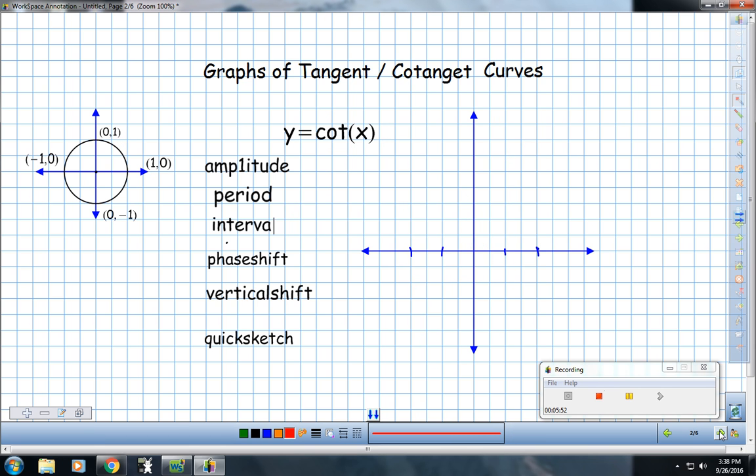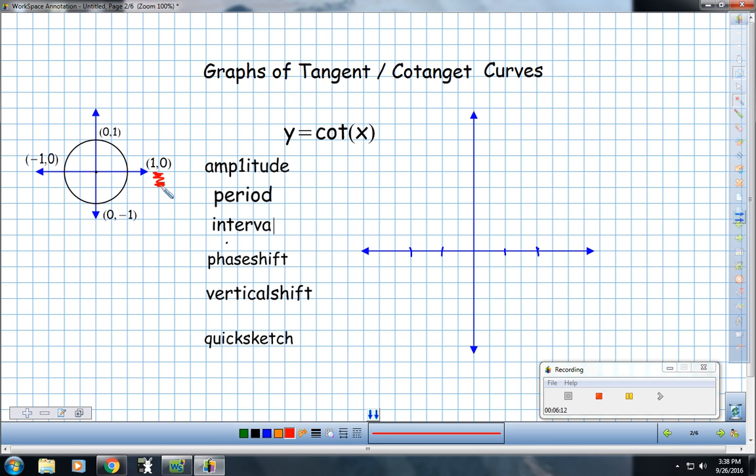All right, so we know that cotangent is x over y as opposed to y over x. So let's start by just sticking 0 in again. So if we put in 0, the cotangent of 0, that puts us on our unit circle at 1, 0.